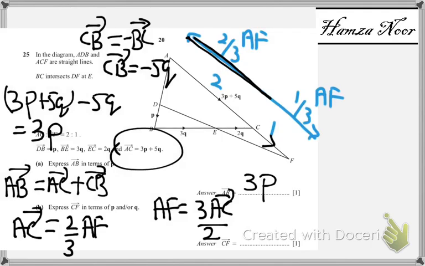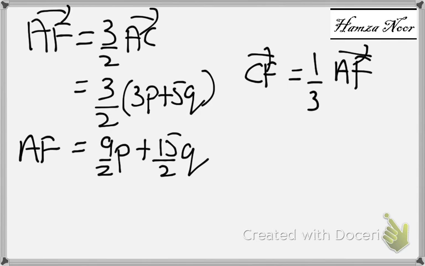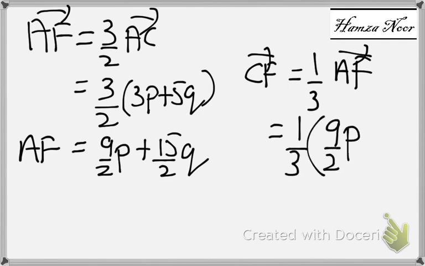Now since you know that the CF vector shares 1/3 part of AF, CF is equal to 1/3 of AF. What is AF? We have just found it: 9 over 2 p plus 15 over 2 q.